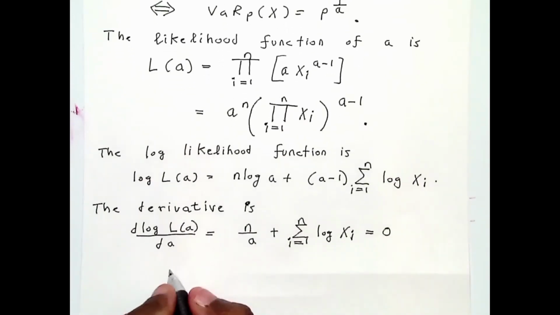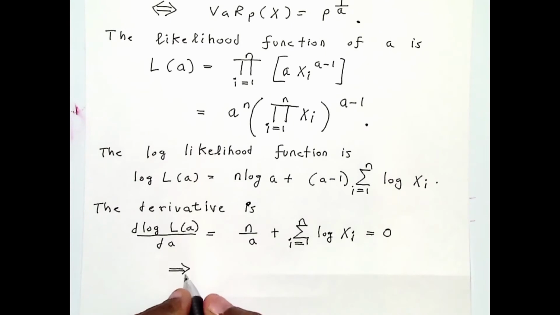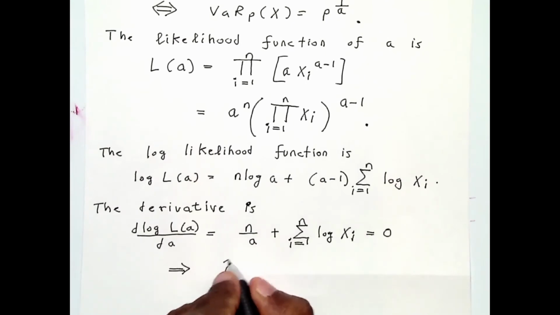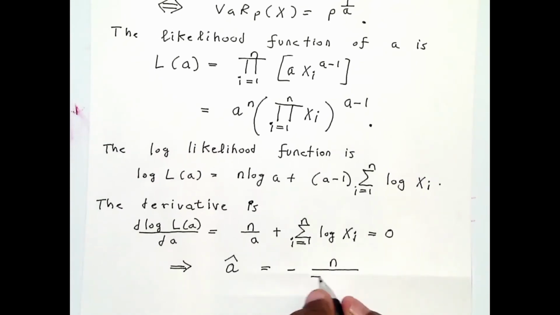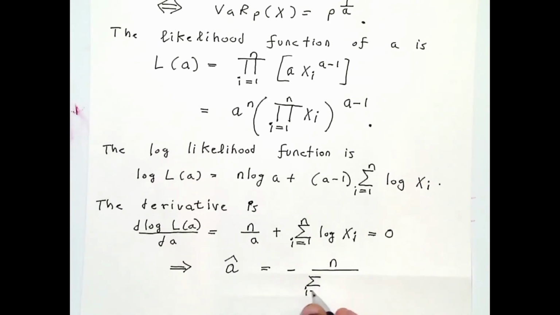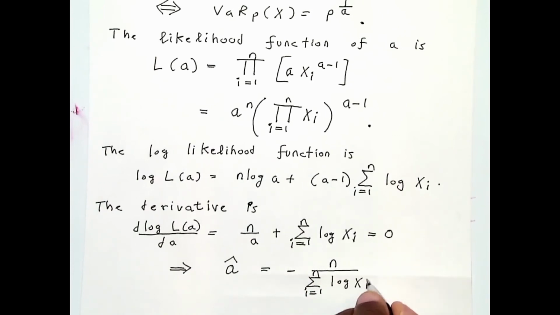And you set this to 0 and solve for a. And if you do that, you get a hat equal to minus n divided by the sum of log of xi.